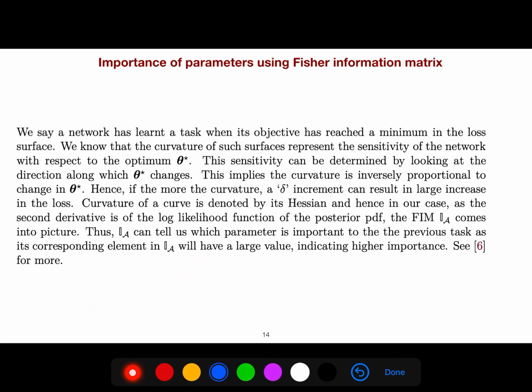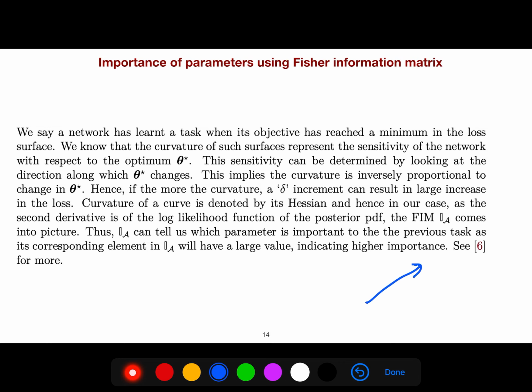So we say a network has learned a task when its objective has reached the minimum in the loss surface. We know that the curvature of such surfaces represents the sensitivity of the network with respect to the optimum theta star. This sensitivity can be determined by looking at the direction along which theta changes.